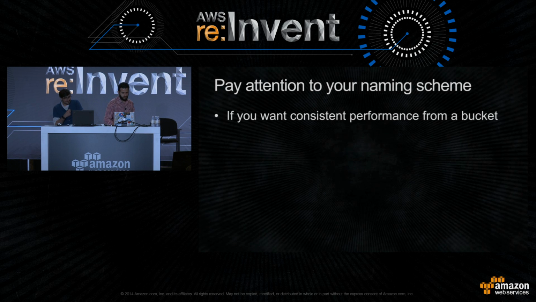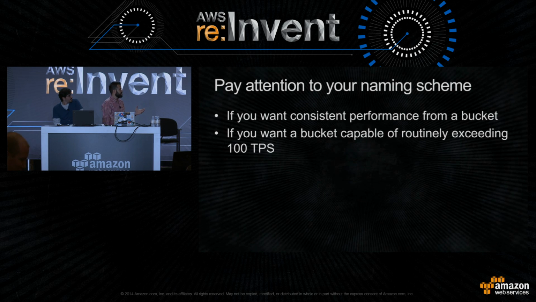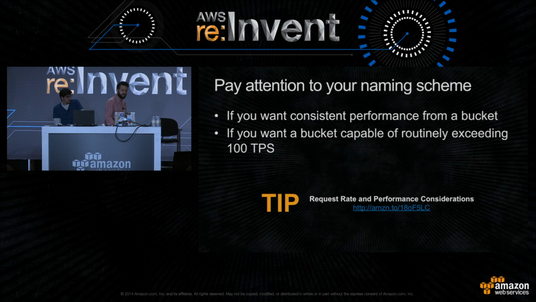So if you want consistent performance from your bucket, if you want your bucket to be capable of routinely exceeding 100 TPS, and 100 TPS is a lot, we advise you always to take a look at our public documentation where we have considerations around request rate and performance considerations. There we have lots of explanations and tons of tips about how to create the proper naming scheme and things like that.